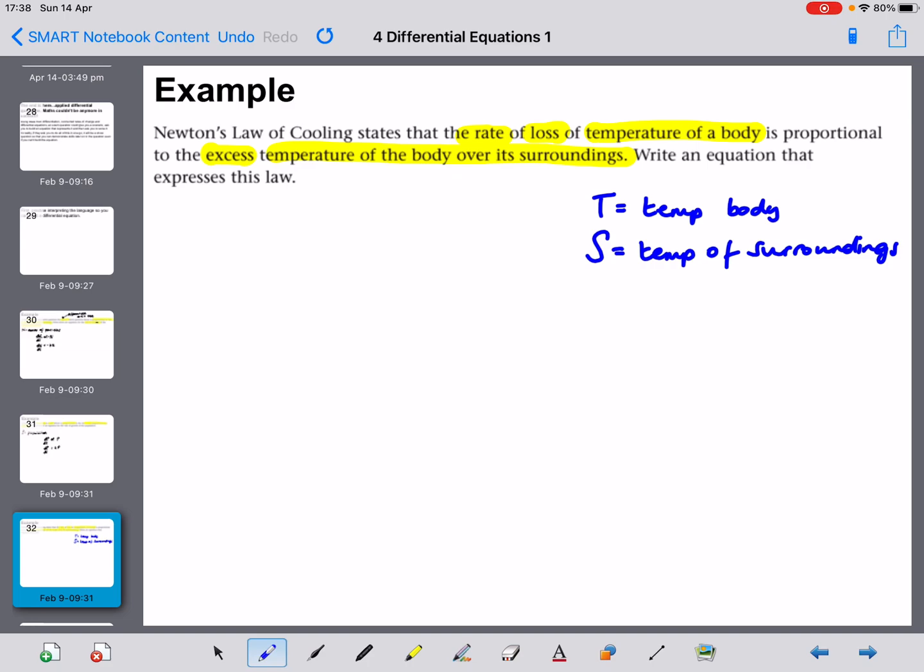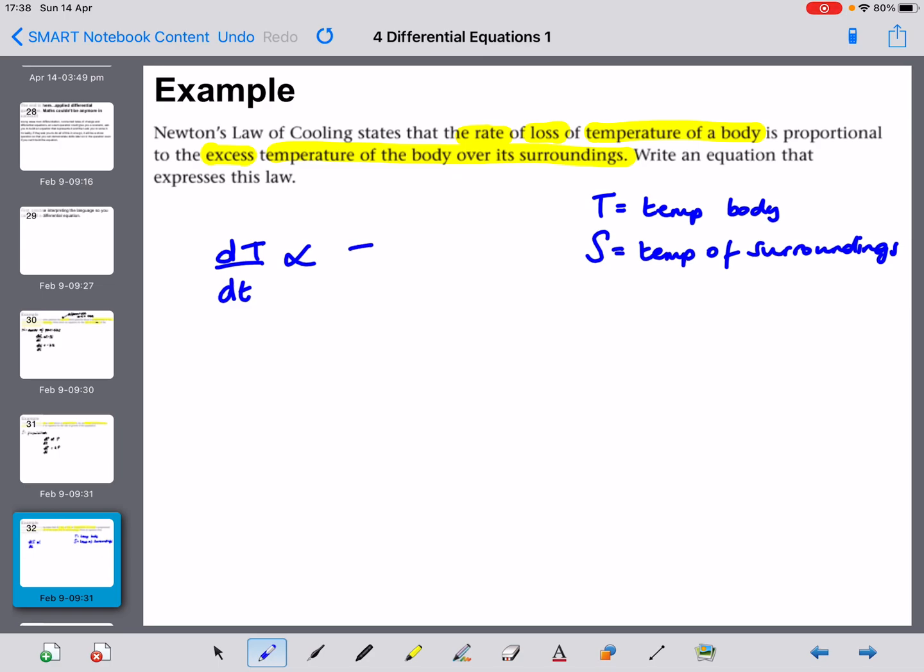Okay, right, it says the rate of loss of the temperature of the body, so dT by dt, is proportional to the excess temperature of the body over the surroundings. Well, how can we write that? If it's the excess temperature, it's the difference between the temperature of the body and the temperature of the surroundings.